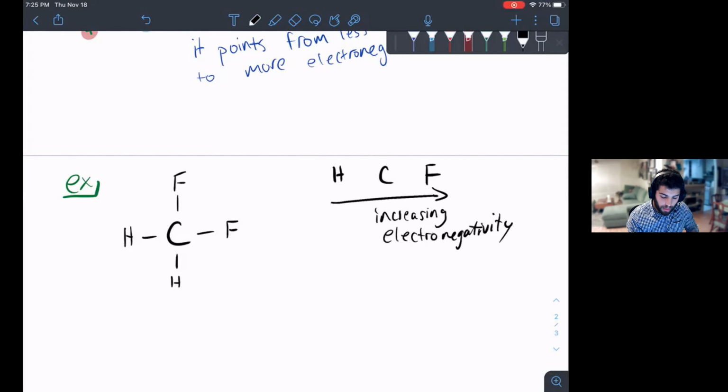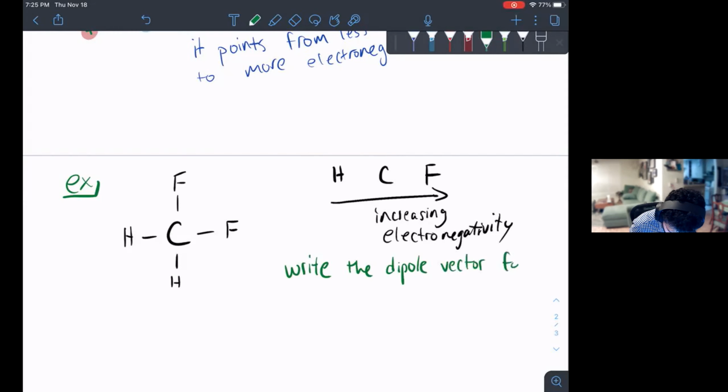So we're going to do the individual dipole for each bond. We will write the dipole vector for each bond. From hydrogen to carbon, it's going to go from hydrogen to carbon because we go from less electronegative to more electronegative.